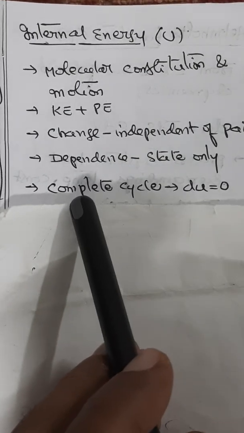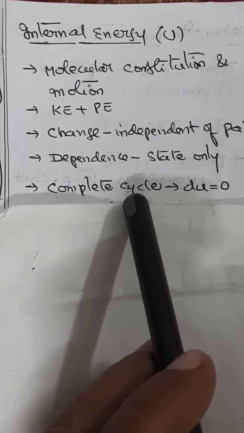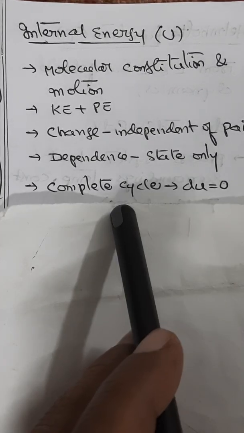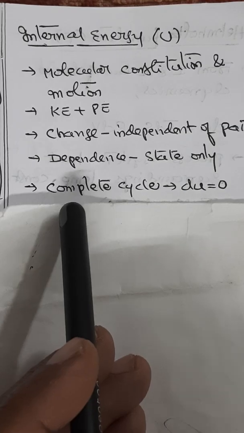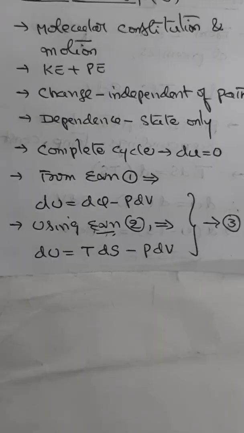For a complete cycle, the change in the internal energy is 0 because the system is returning to its initial state.